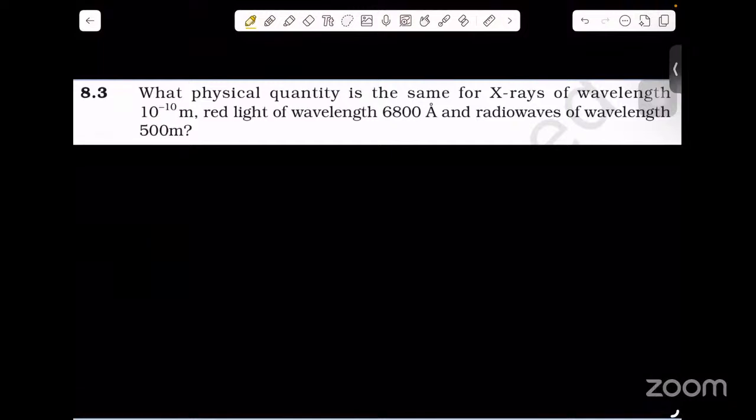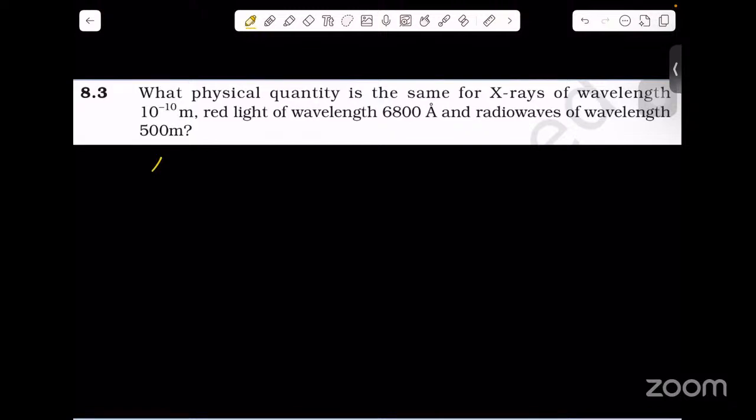The next question says, what physical quantity is the same for X-rays of wavelength 10 raised power minus 10 meters, red light of wavelength this much, and radio waves of wavelength 500 meters. So what quantity is the same for these three electromagnetic waves?